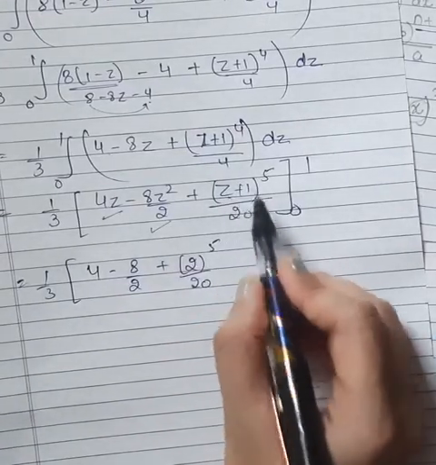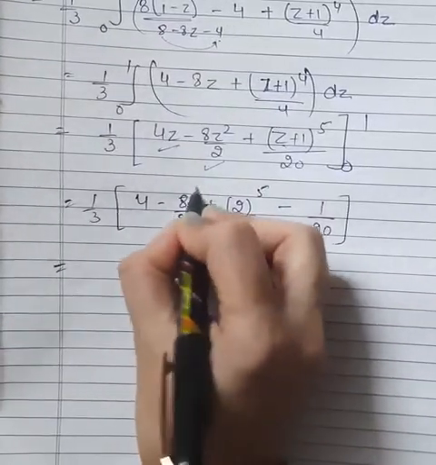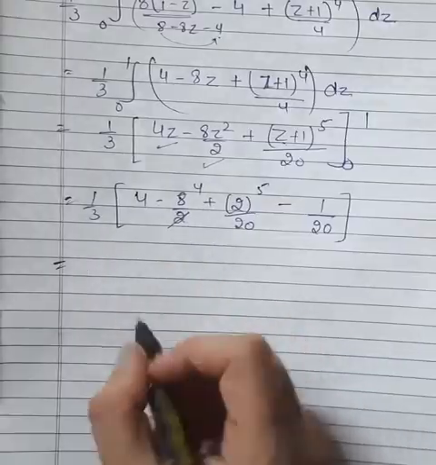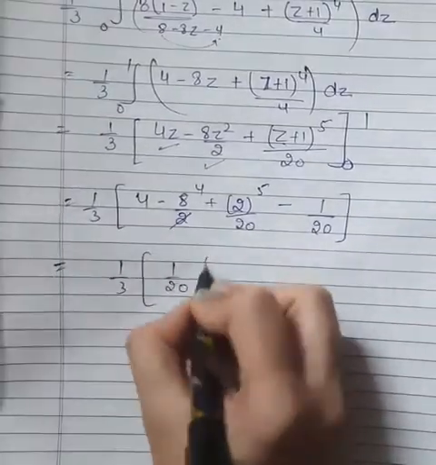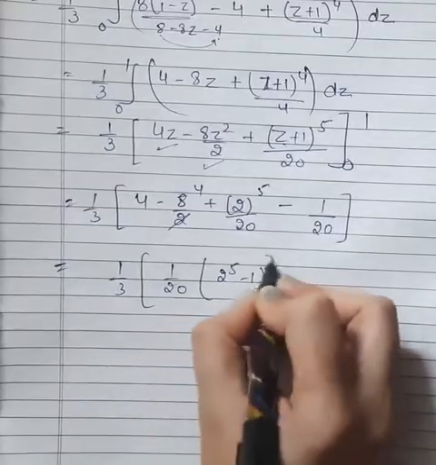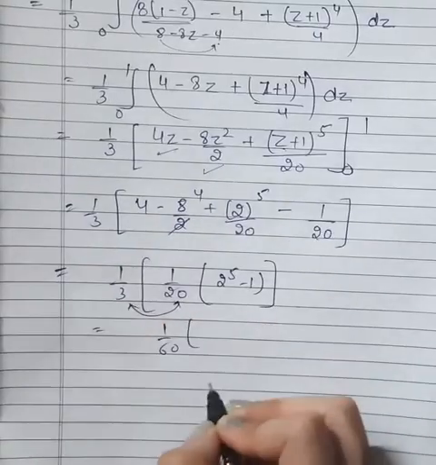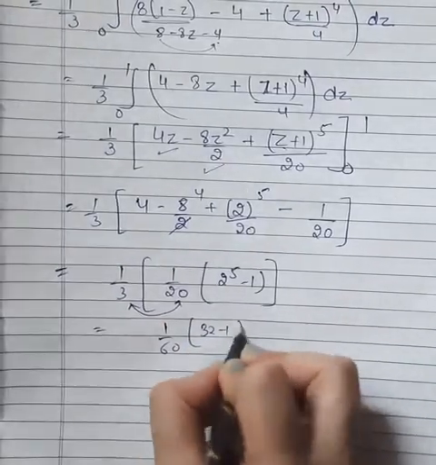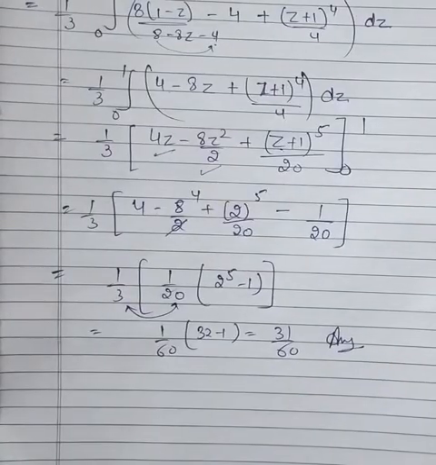Here 0 plus 1 is 1, so minus 1 by 20. So this is 4 and 4 is getting cancelled out here. From here I will take 1 by 20 common. 2 raised to power 5 minus 1. This is 1 by 60. These two. And 2 raised to power 5 is 32 minus 1. 31 by 60. This is your answer.